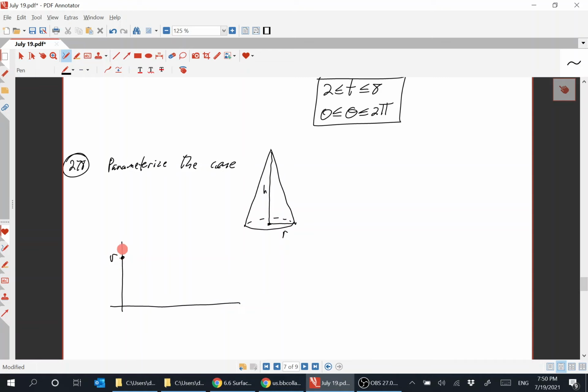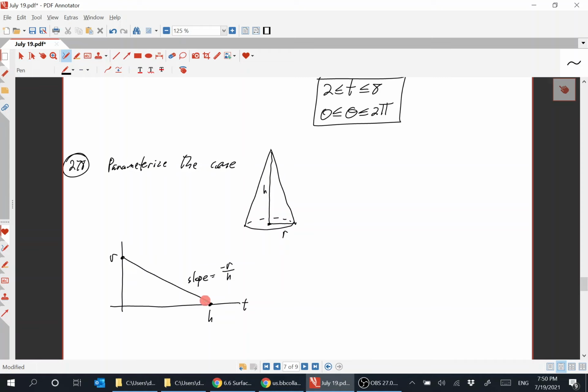So let this be r on the vertical axis, and let this be h on the t-axis. So this is the line whose slope is rise over run, so minus r over h, right?